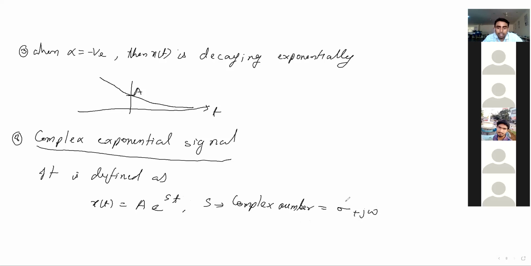This is what you already studied in class 10 or 12. Alpha is the real part, and omega is the imaginary part.